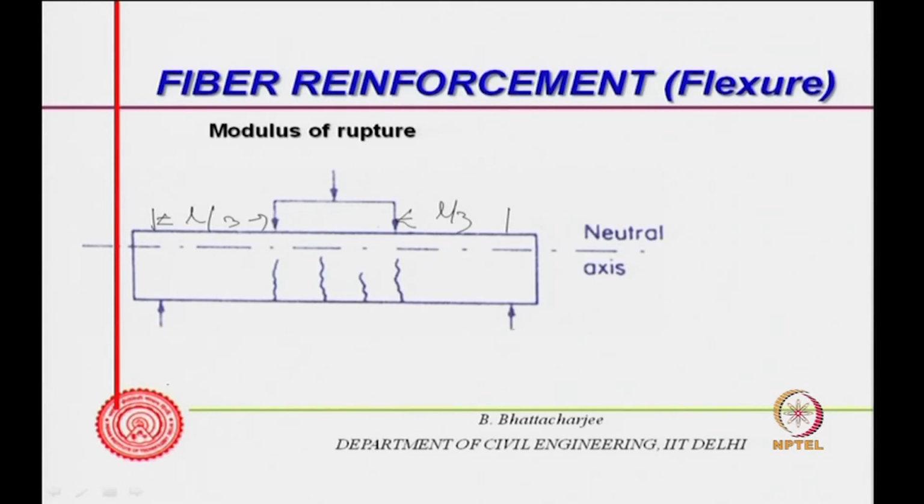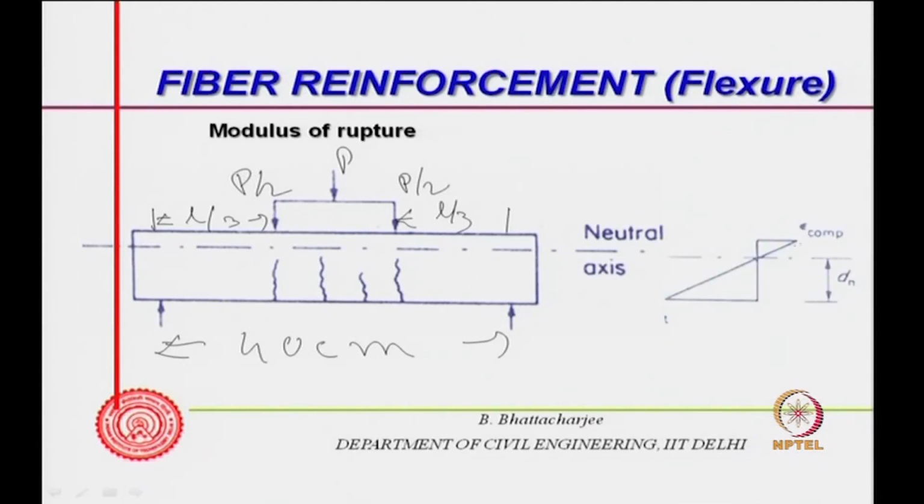In the Indian standard you have a 50 centimeter bar, with 40 centimeter span, and you apply the load P, which is P by 2 and P by 2, and you get cracks like this. This is your epsilon compression and this is epsilon tension. This is the depth of neutral axis at failure, when the crack occurs.